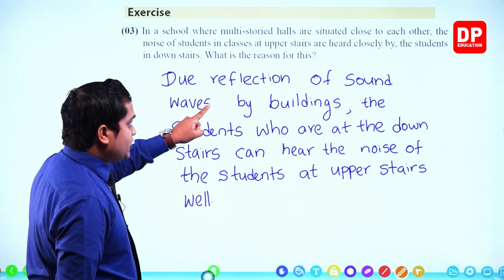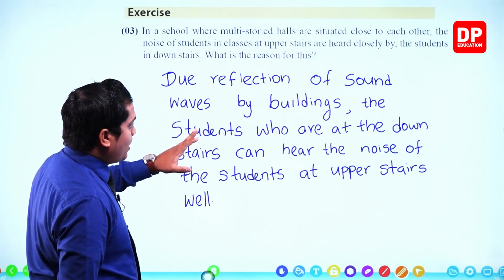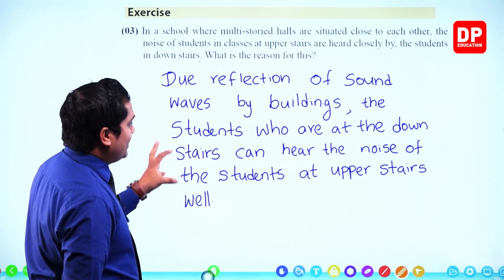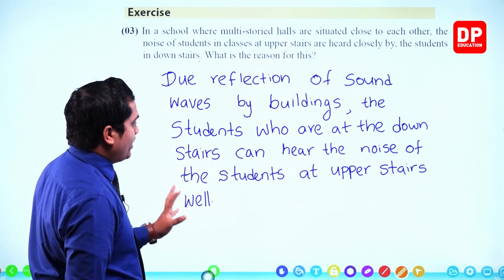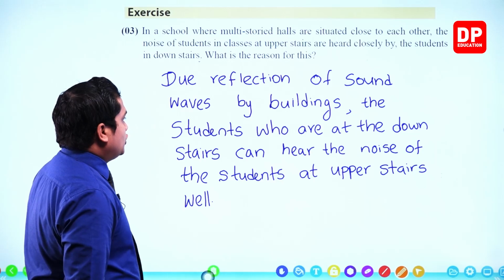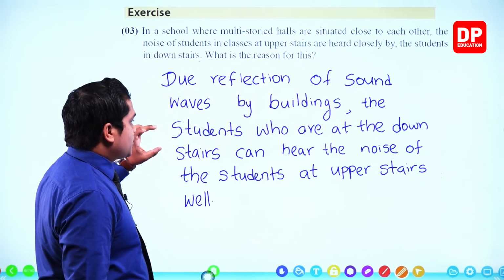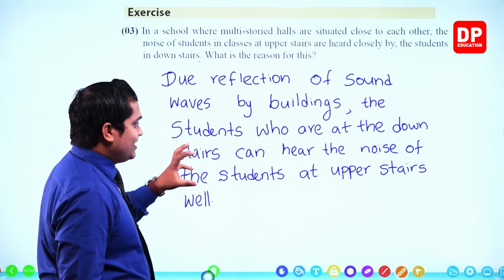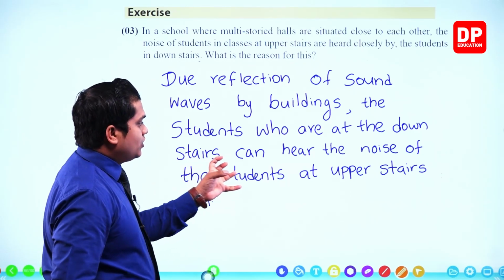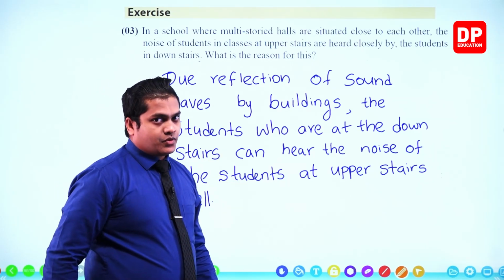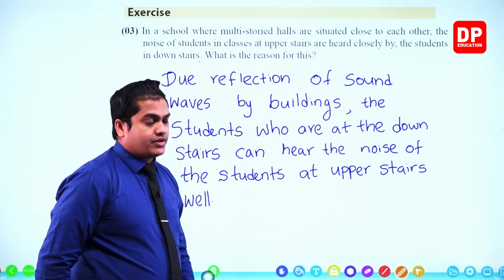So due to reflection of sound waves by buildings, the students who are at the downstairs can hear the noise of the students at upper stairs well, right? Because of the reflection of sound, the students at the downstairs can hear the noise of the students at the upper stairs. Okay, so this is our reason for that question, my dear children.